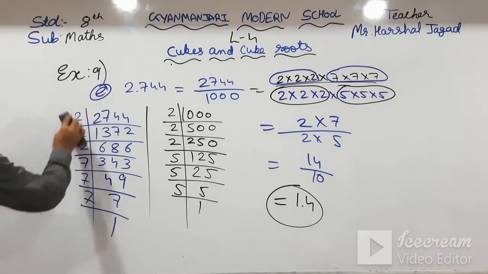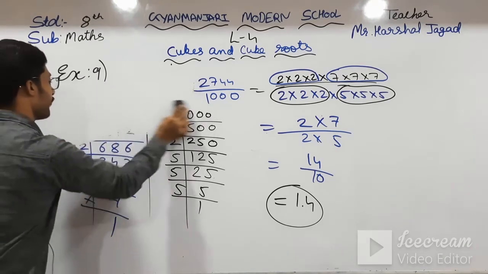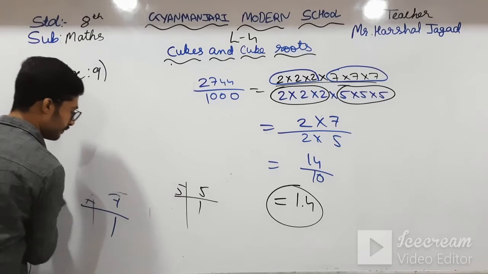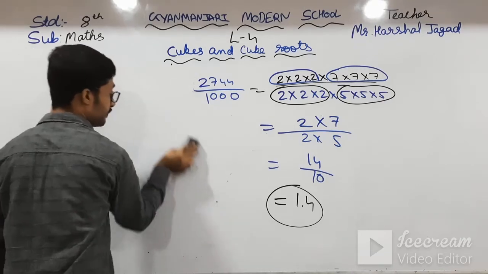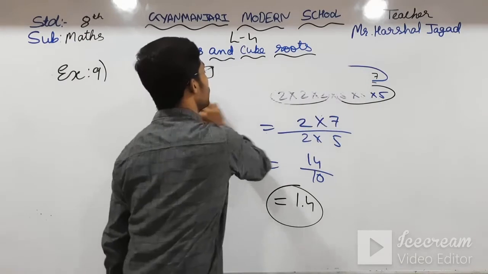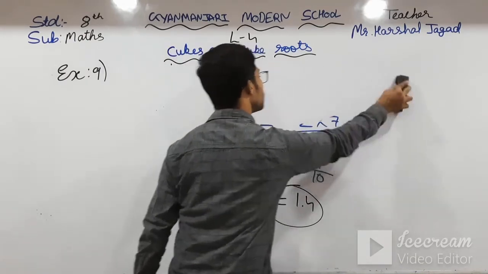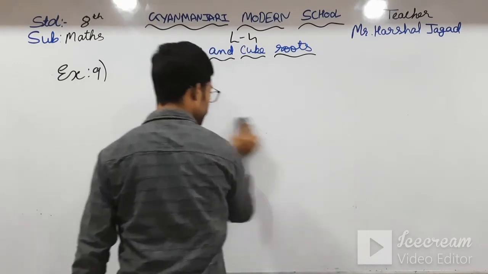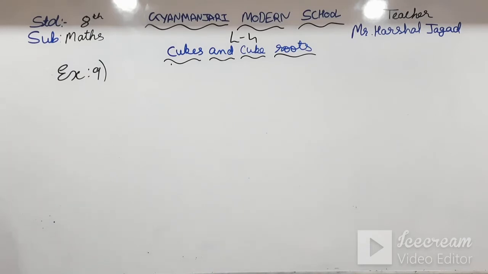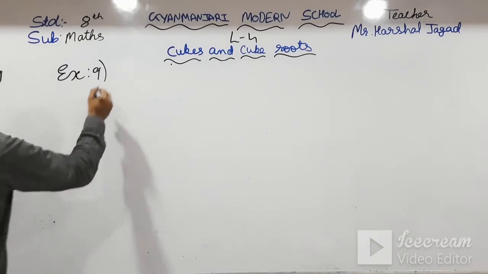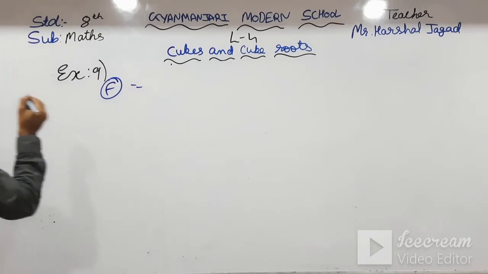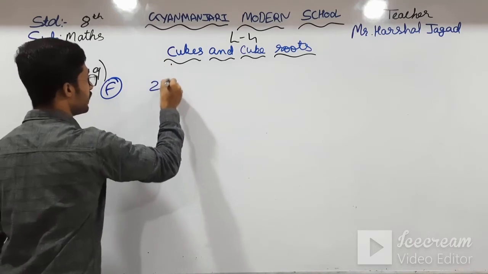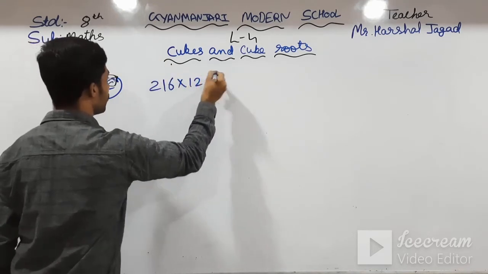F. Now we are going to the F. F is 216 into 125.